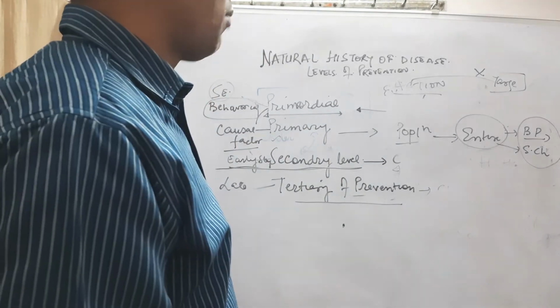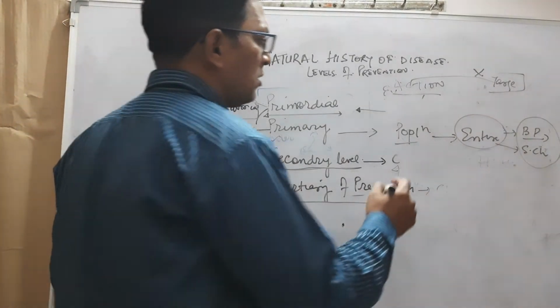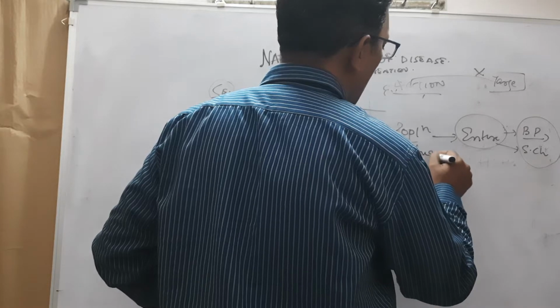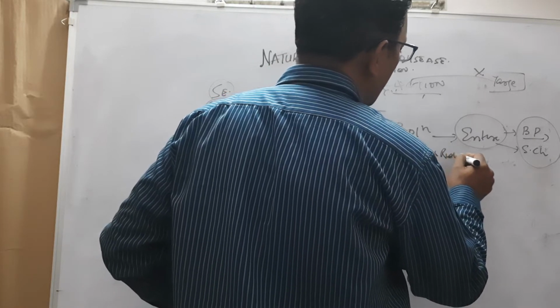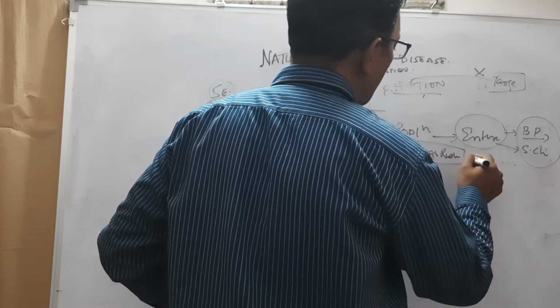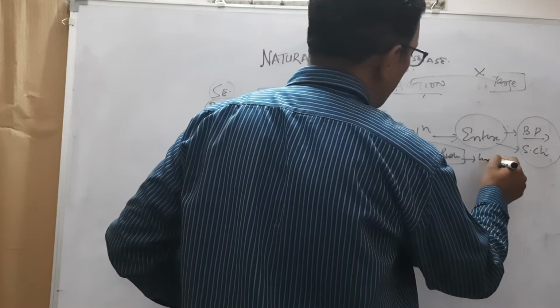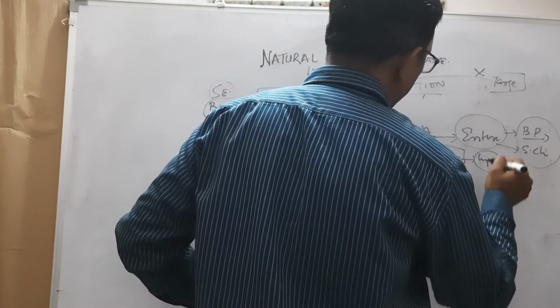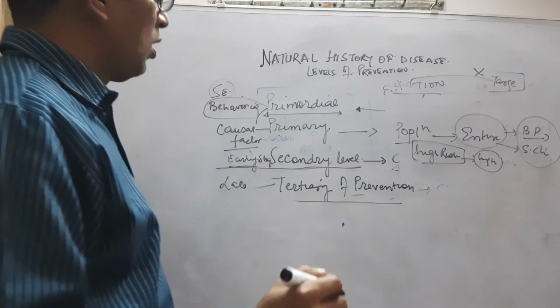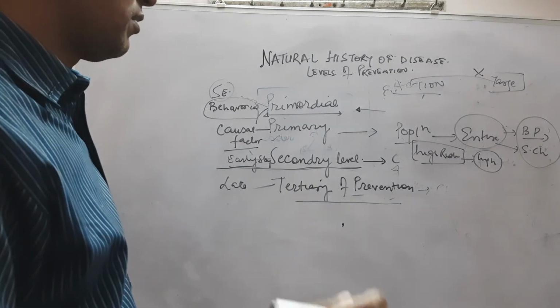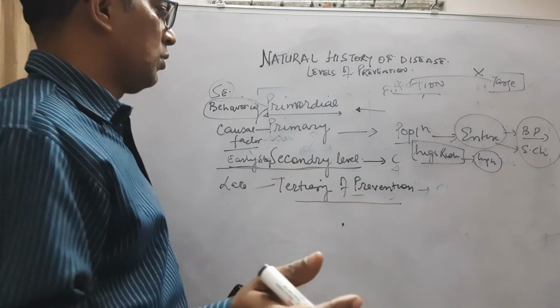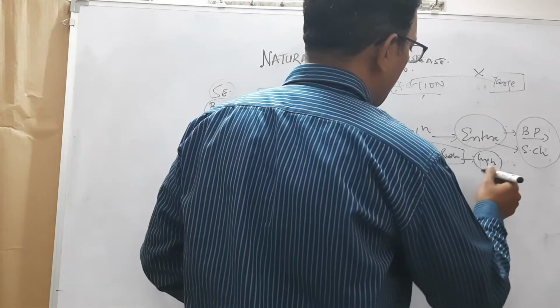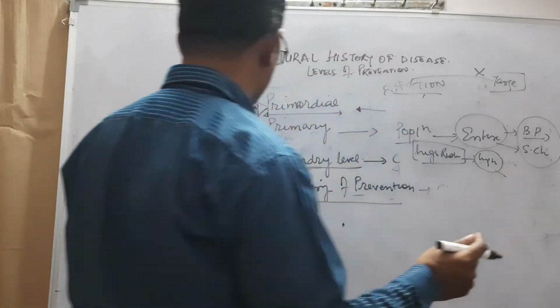It is known as the population strategy. And second is the high risk strategy. High risk strategies are basically targeted at the high risk population or the high risk disease. This is known as your high risk strategy.